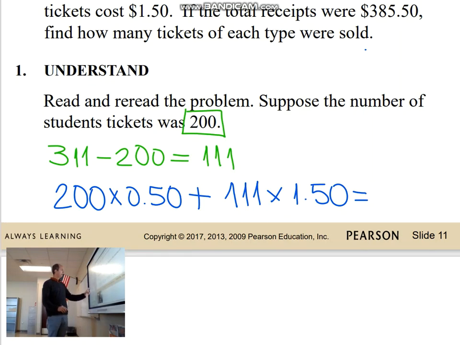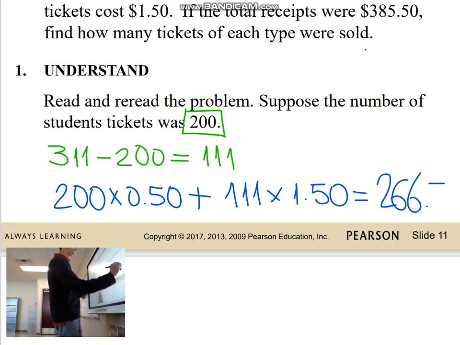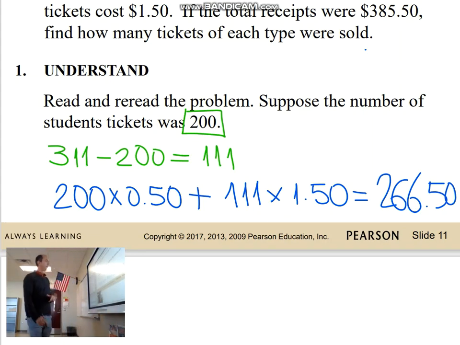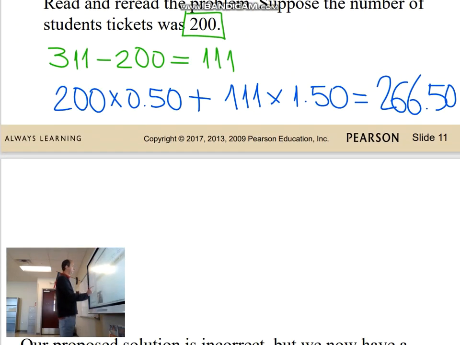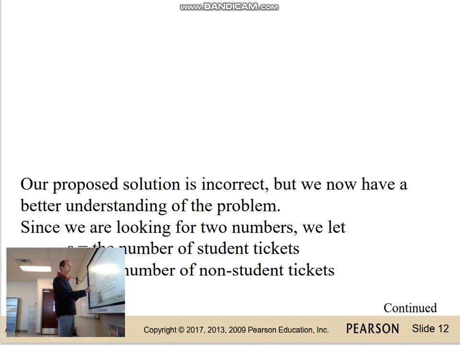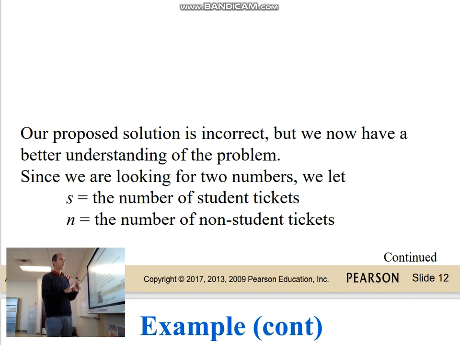You're going to find that the result is 266.50. And this is not the right answer. We are looking for 385.50. That means our proposed solution is wrong.